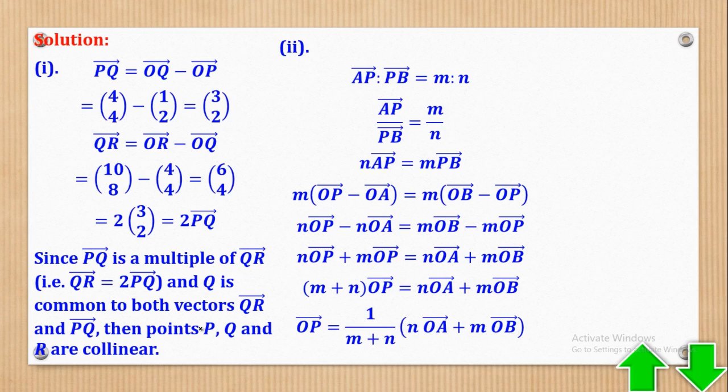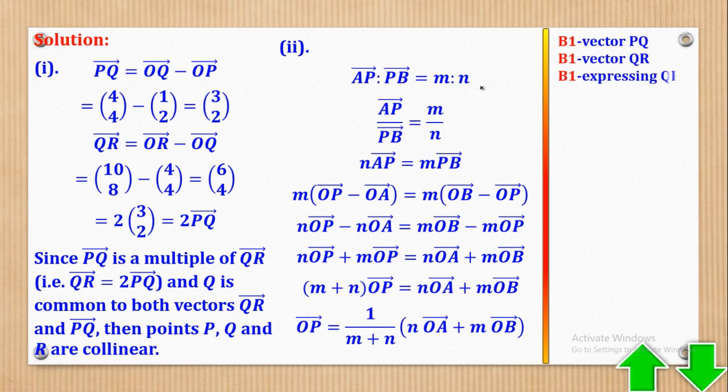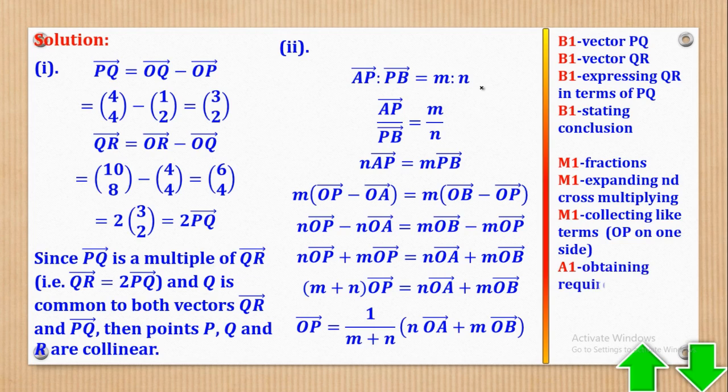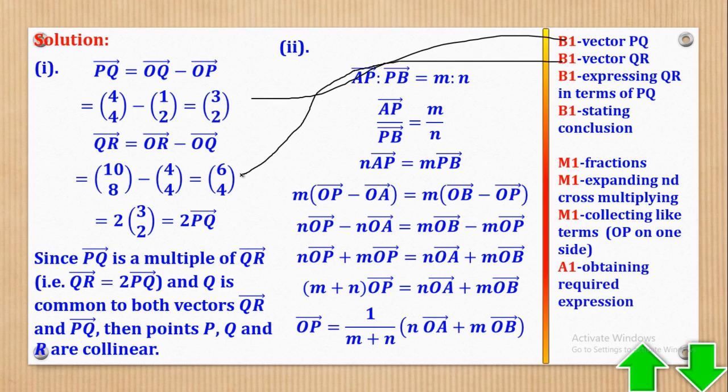Now let's see how much can be awarded for this slide before we go to Roman 3. B1 for getting vector PQ, and B1 for getting vector QR, and B1 for expressing QR in terms of PQ, and B1 for stating the conclusion correctly.